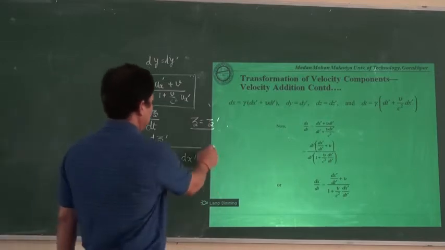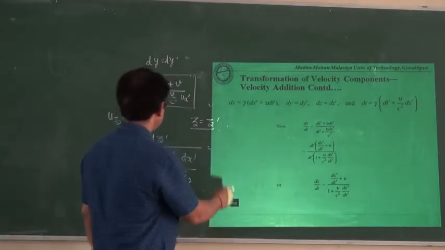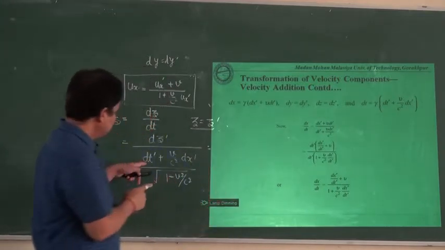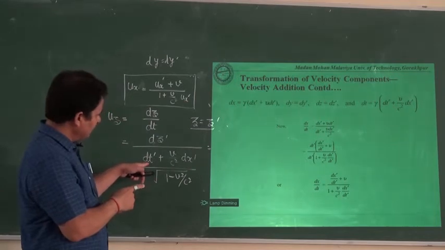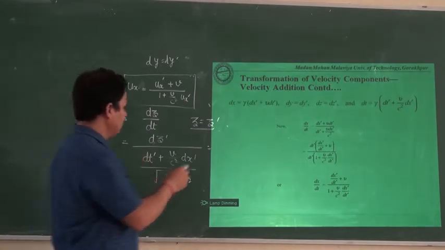And if we do it, then you will see that again dt dash will be taken as a common factor in the denominator.